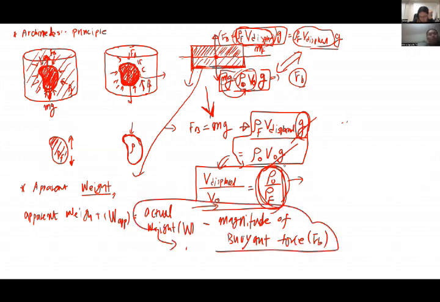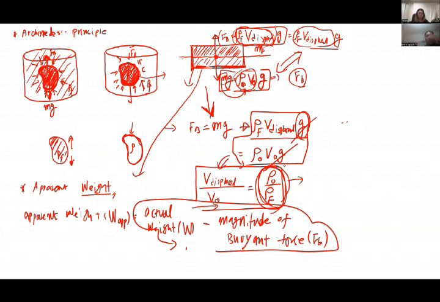So this equation shows that if there is a large difference in density between the two materials, the object of your interest and the surrounding fluid, then the difference between apparent weight and actual weight is larger.